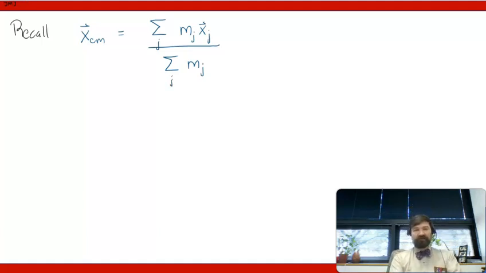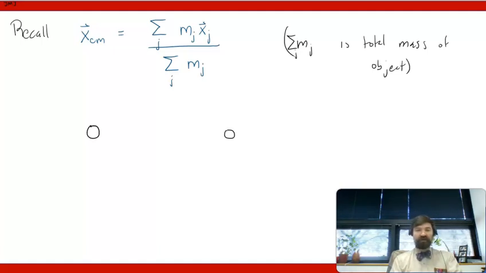Okay, so basically I can put parenthetically that the sum of m_j over j is the total mass of the object or system. And when we did this previously, we did it in the context of, let's say, an object here and an object there and maybe a reference point over here.